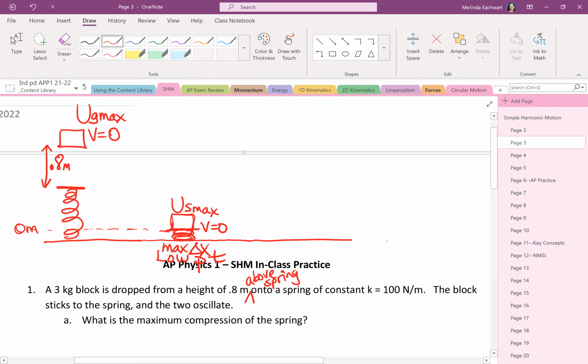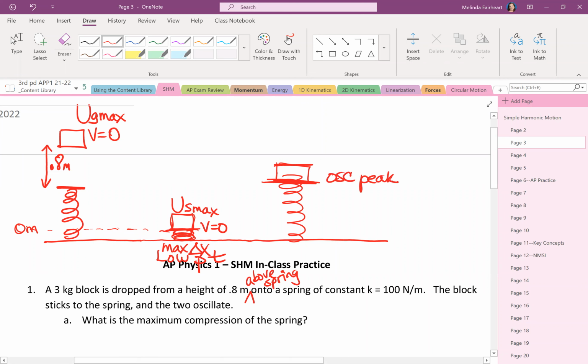No. Maybe sometime in the future, when it sticks on the platform and oscillates back and forth, it goes higher, right? Oop, there's our platform. So maybe this is the peak of the oscillation.